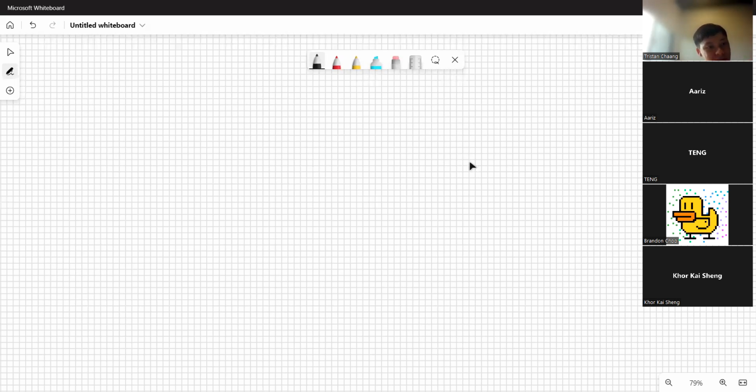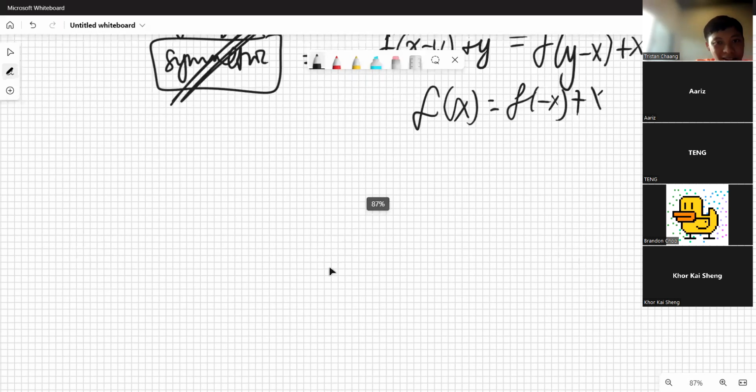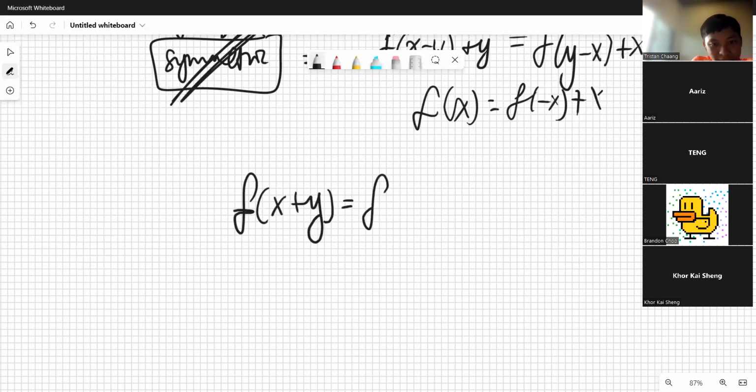So let's do the first one. Find all continuous functions. So here they already tell you it's continuous. So f satisfying f(x + y) equals f(x)f(y).